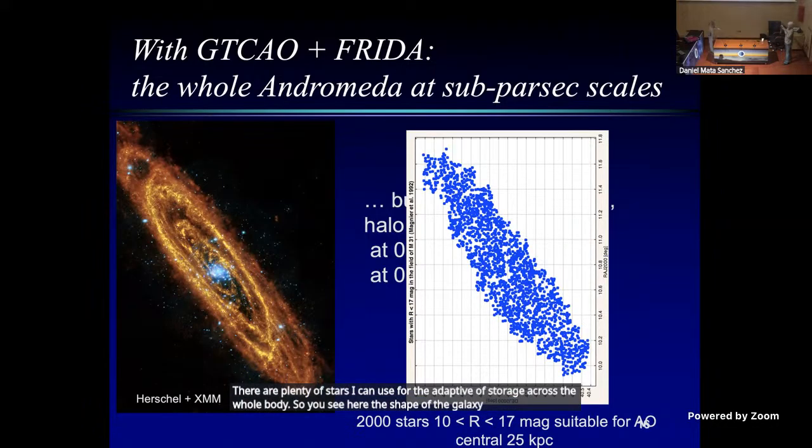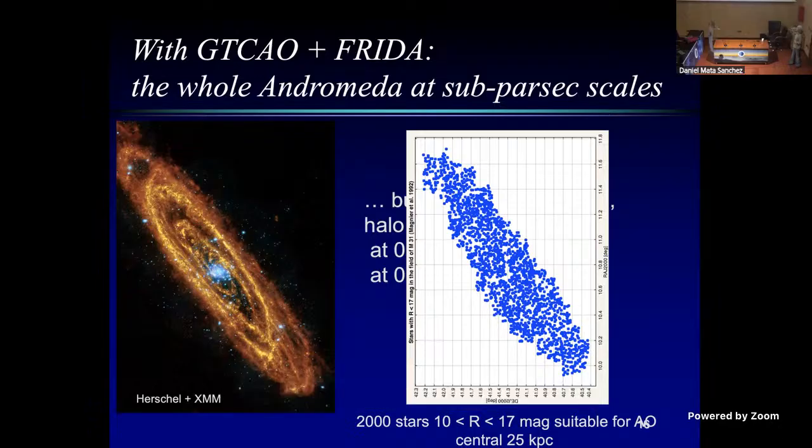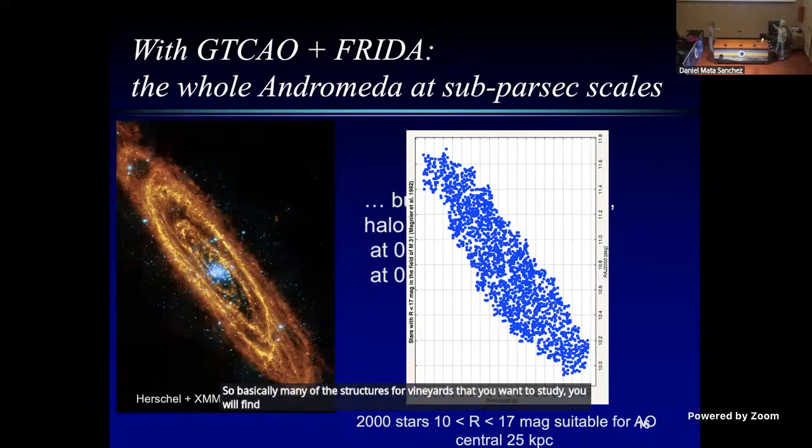This is a collection of 2,000 stars I put here. You see them separately. There are plenty that cope with the requirements we need for the correction, and of course at the distance of any position in the target. So for many of the structures or regions that you want to study, you will find something bright to correct the atmosphere. So at any point you can study Andromeda at subparsec scale.